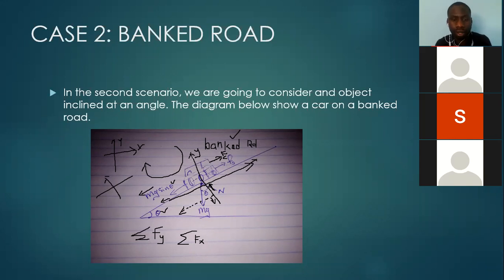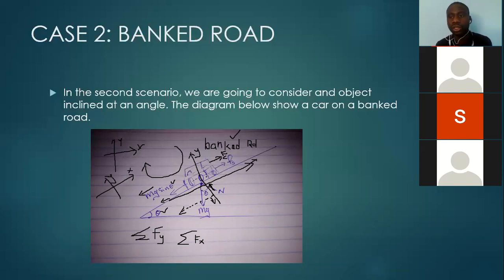Have you seen our Cartesian plane is rotated so that it can accommodate what is happening here? So therefore we'll have forces in the y-axis along this. This is our y-axis and this will be our x-axis, not this one, but this type of axis which is rotated. Our x-axis is that direction, our y-axis is that direction.